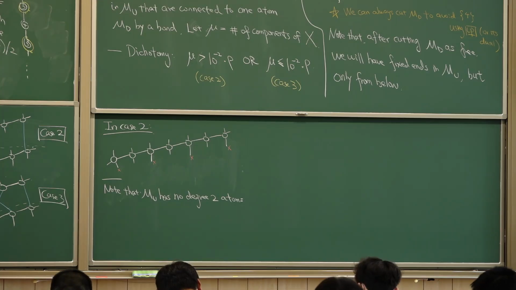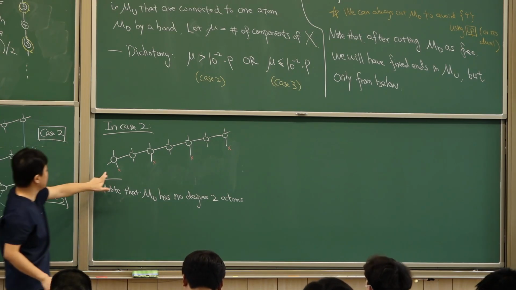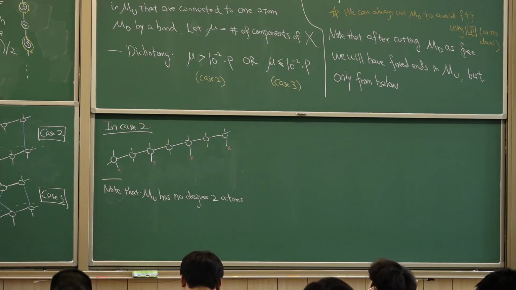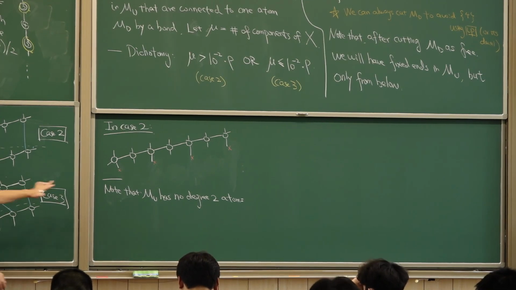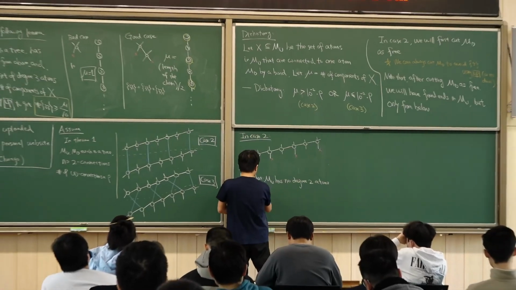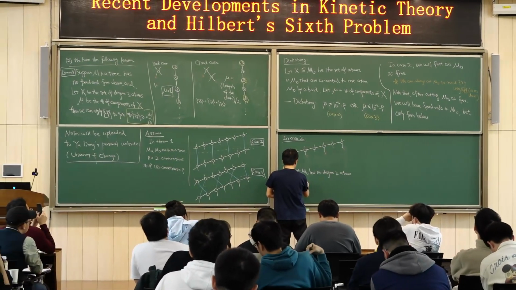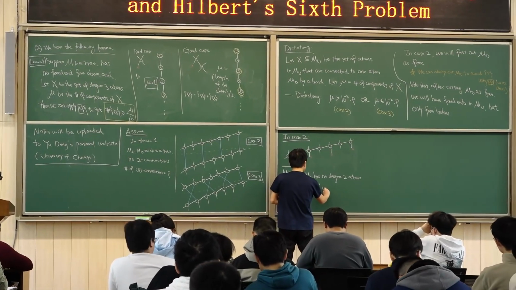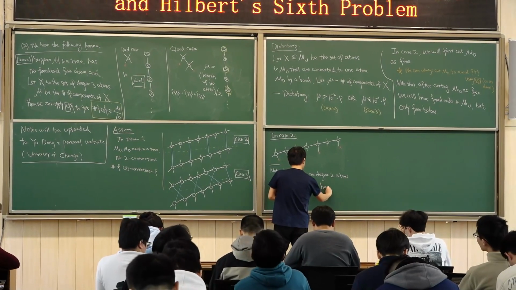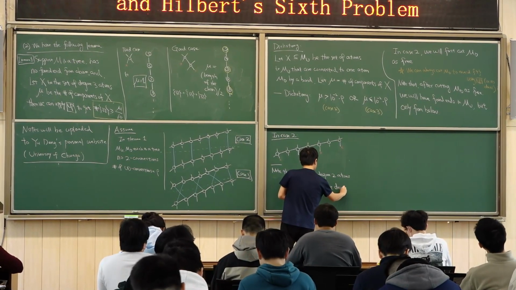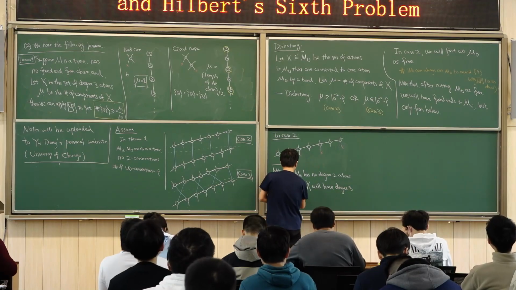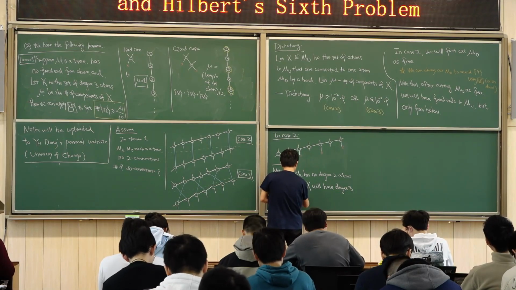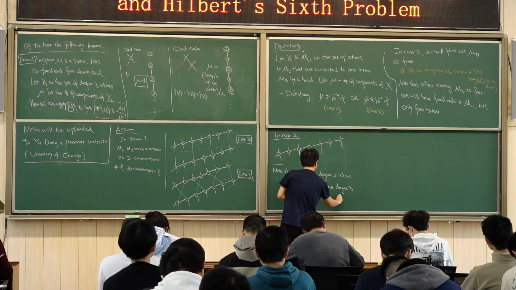Now if it has one connection with MD, then initially degree 4, now it has one fixed end, so it becomes degree 3. If something were to have 2 connections to MD, then it would have become degree 2, but such an atom does not exist, so there is no degree 2. And those in X will have degree 3, and those not in X will have degree 4.